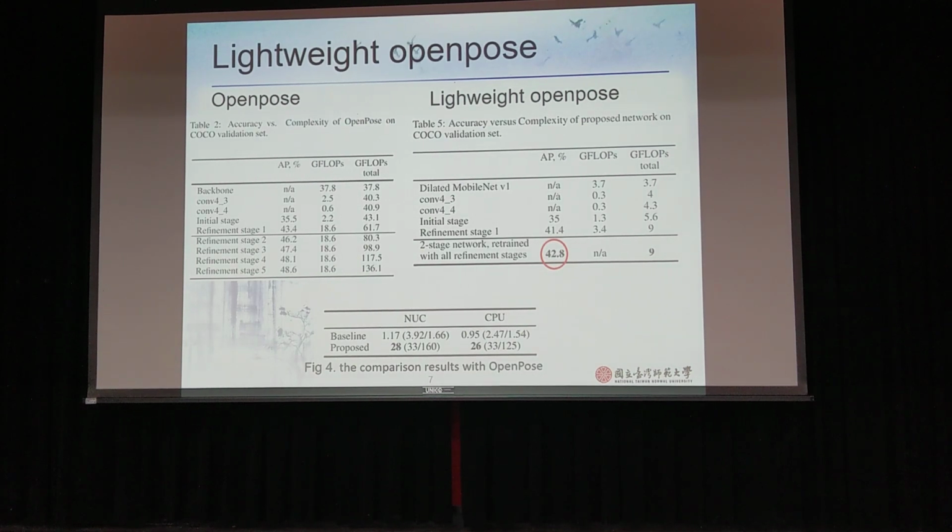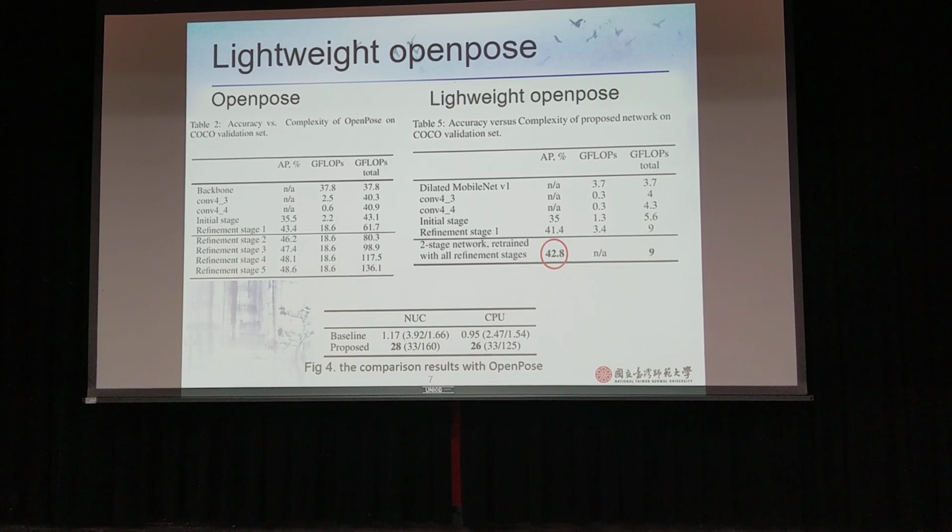The architecture of lightweight OpenPose is as shown in Table 5, where the backbone utilizes dilated MobileNet V1 with the original VGG convolutions 4.3 and 4.4 appended to the backbone. Additionally, the convolution 4.3 is modified to use strided convolution to reduce computational load.